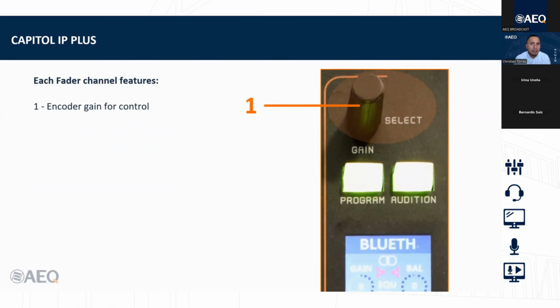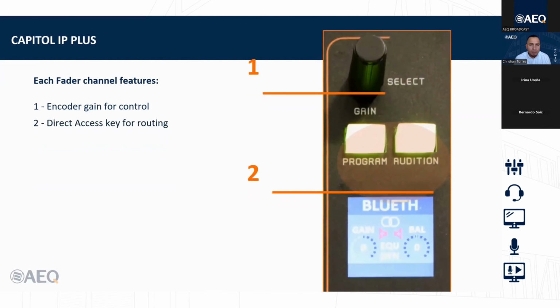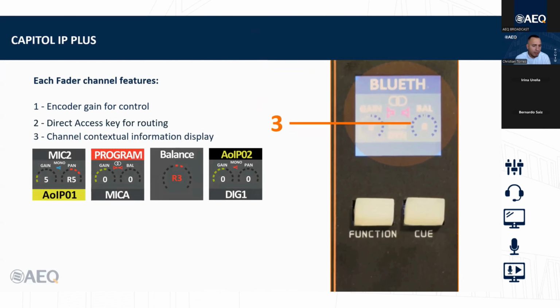In this case, it has a gain control in the encoder, direct access for routing, when different program, audition and program for two signals.